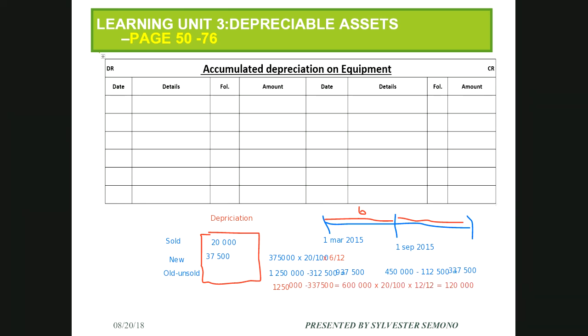Yes, 120,000. So it's the one that I'm going to put here. And now when you add the box, how much do you get as the total of this box? Did you find it?